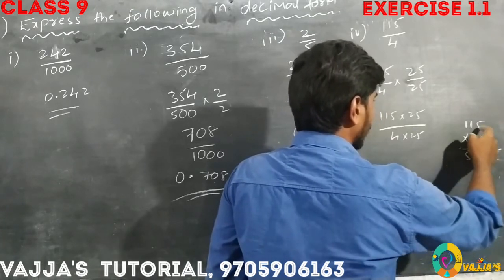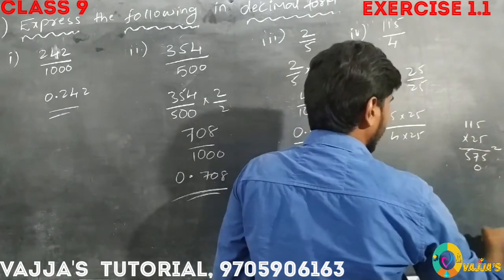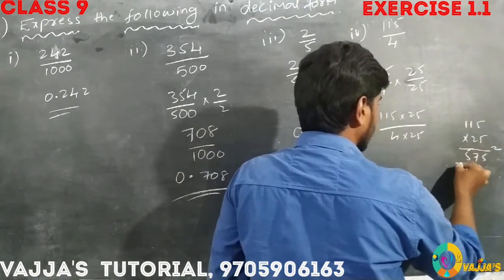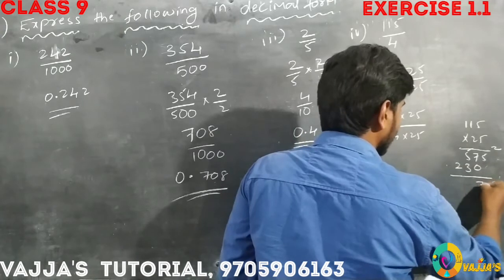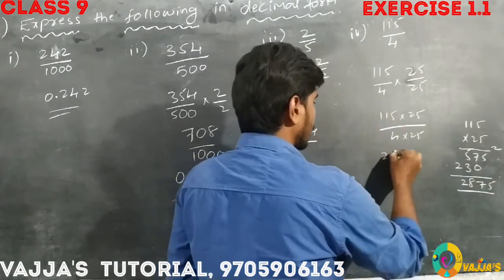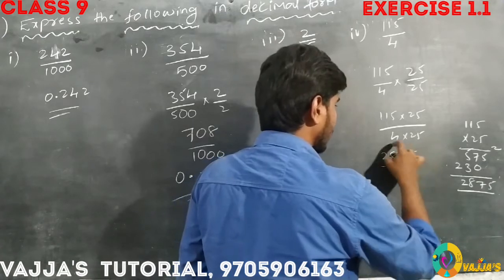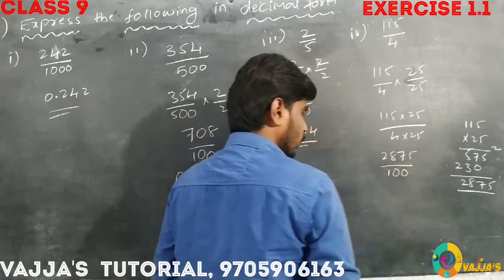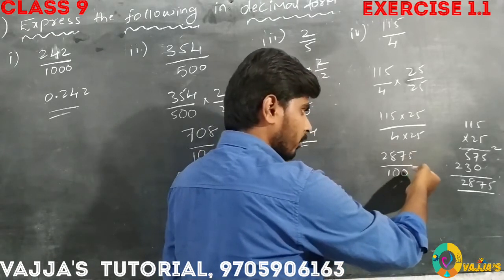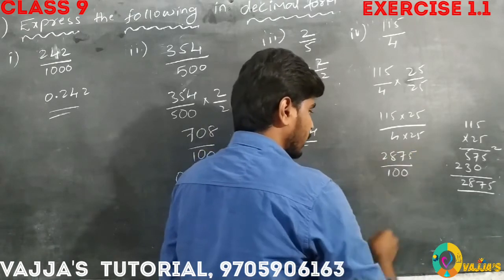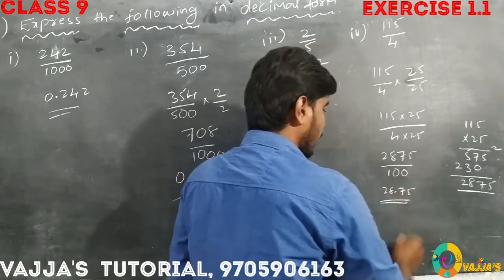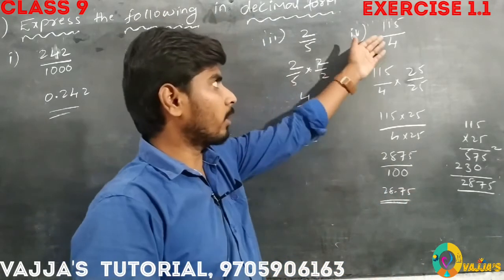Next, 2 into 5 is 10, carry 1, 2 1s are 2, 3, 2 1s are 2, 5, 7, 8, 2. It becomes 2875 by 100. For 2 zeros, I am taking the point in front of 2 digits. It means 28.75 is the decimal form of 115 by 4.